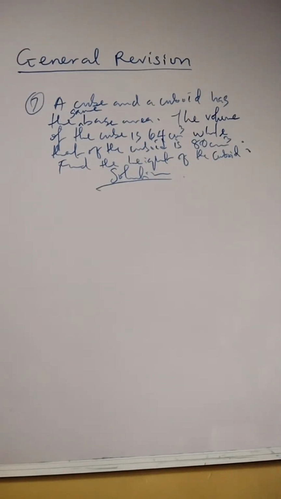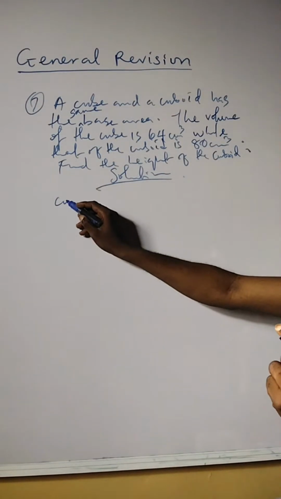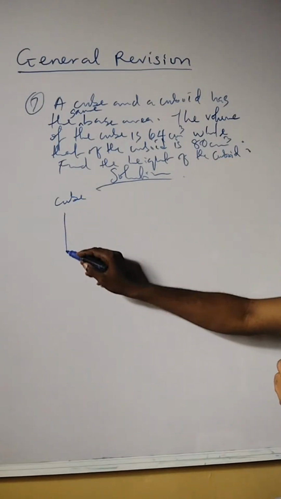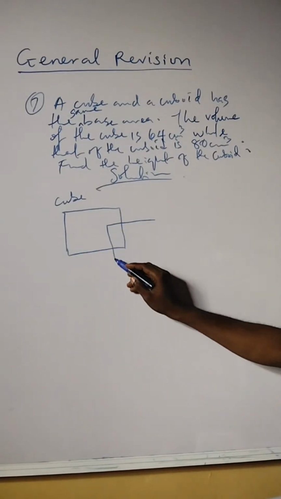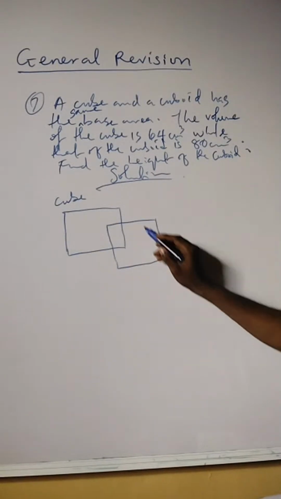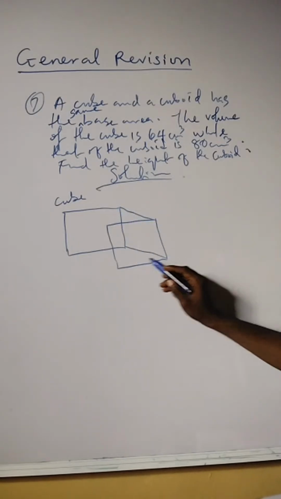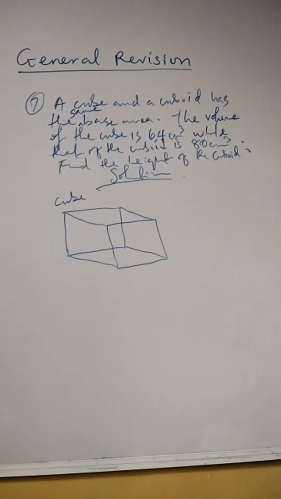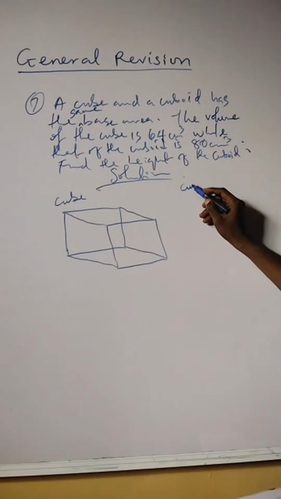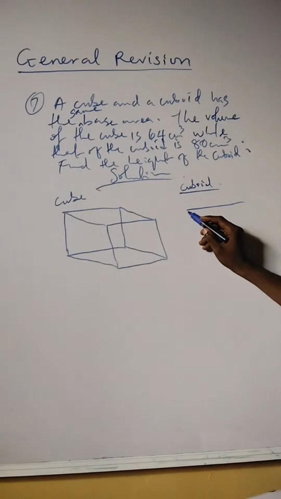Maybe we should quickly sketch. This is a cube. All the faces are squares. You have seen this kind of shape around you in the house. A cube of sugar is a perfect example.